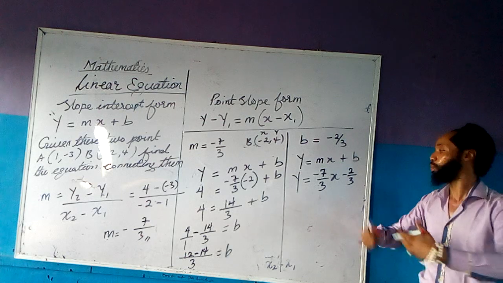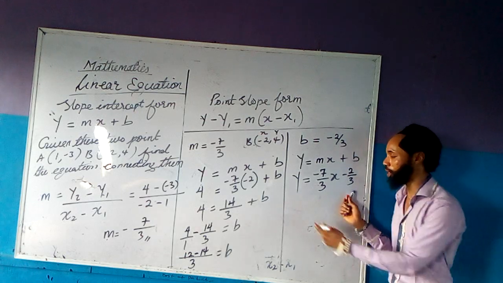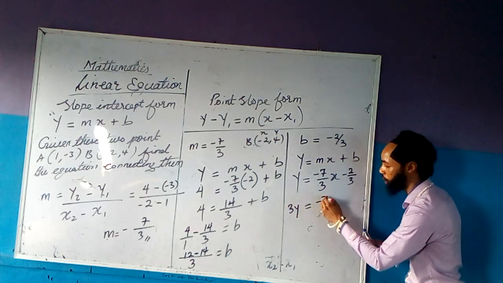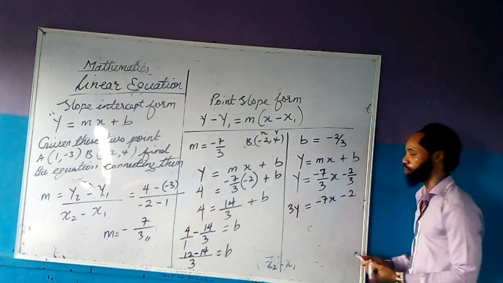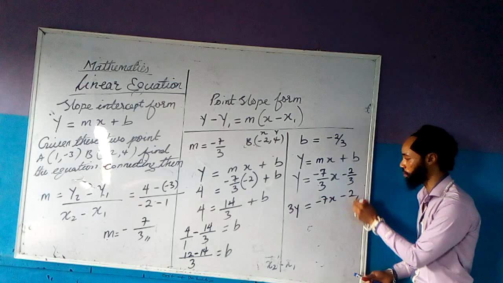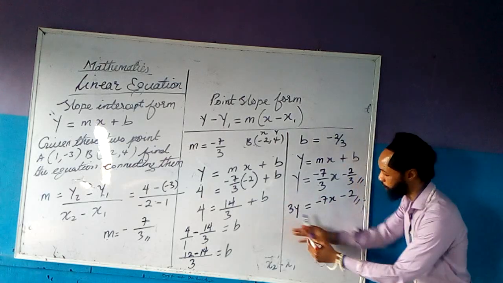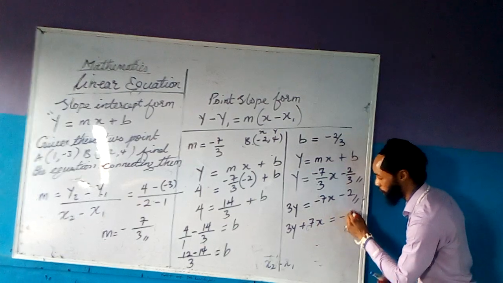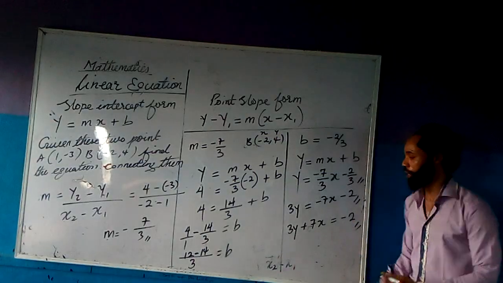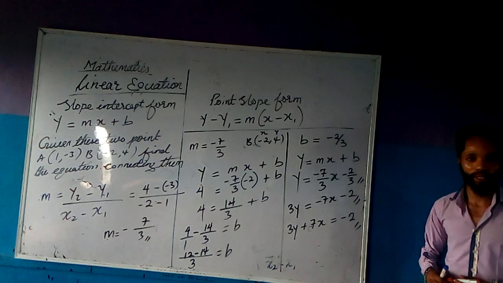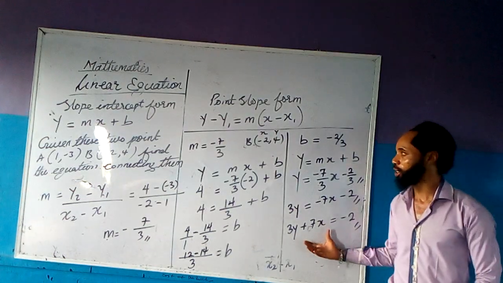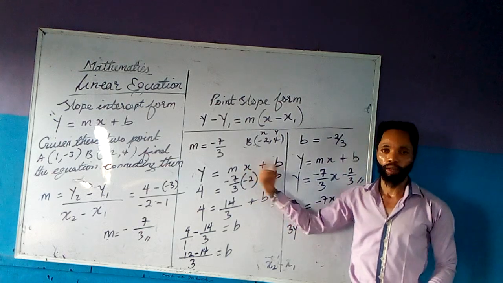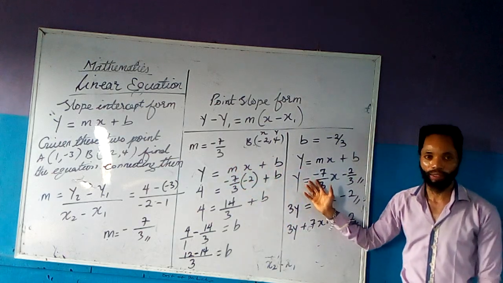Some people can multiply by the denominator 3 and get 3y equals negative 7x minus 2. It is still correct. Some people can bring it this way: 3y plus 7x equals negative 2. It is still correct. This is an equation. Do you understand? So we used the slope intercept form for this.